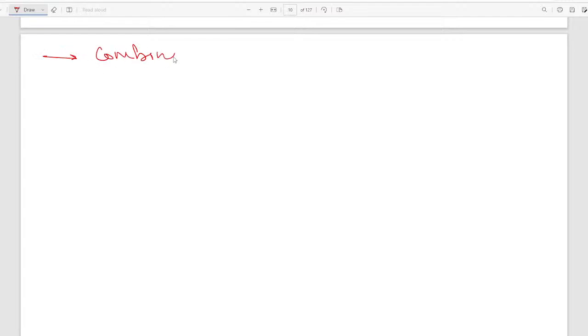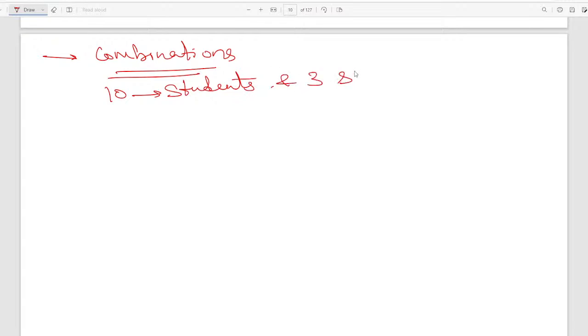So I told you that there is one more way to calculate the number of ways you can choose people. For example, if there are 10 students, and 3 students are to be selected, like a team of 3 students should be selected for a debating team.